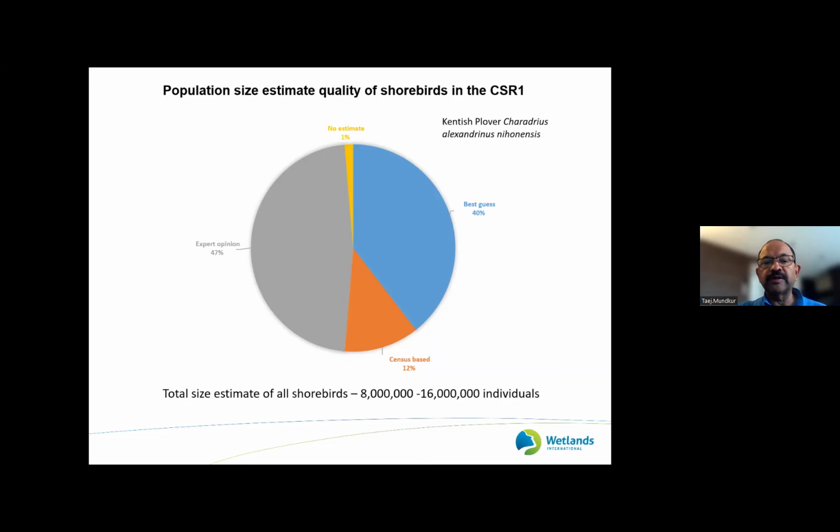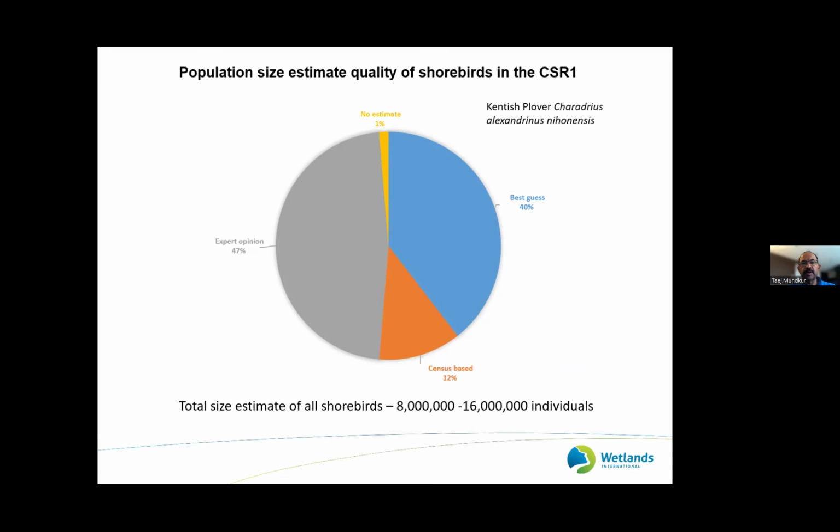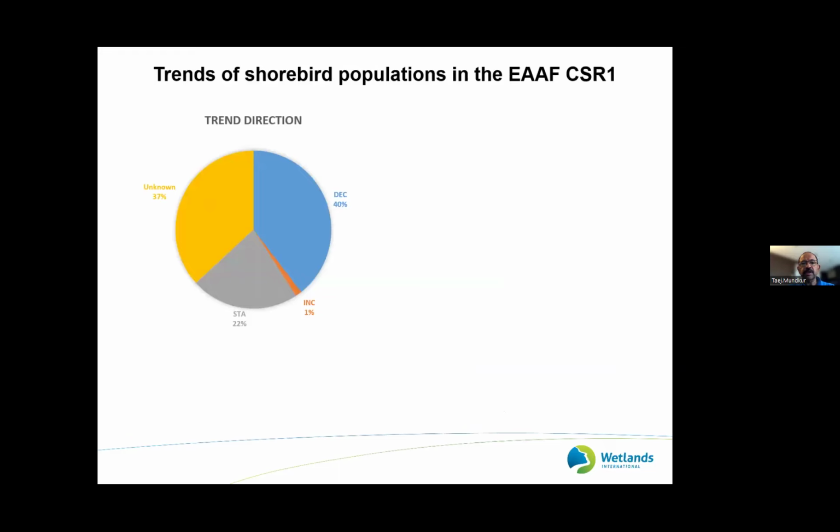And if we look at the total estimate of all the migratory shorebirds in the flyway, the estimate is between 8 and 16 million individuals. And again, this reflects on what Richard was talking about in terms of the quality of information and monitoring and coming up with finer estimates.